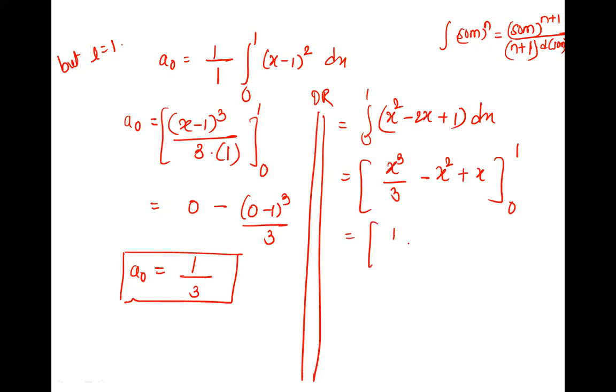Upper limit is 1, so 1 by 3 minus 1 plus 1, and lower limit is 0. This cancels, so it is 1 by 3. Either you can take the square and integrate, or if you have the formula, you can directly integrate. You will get the same answer. Okay, A naught done. We'll go to a n next.